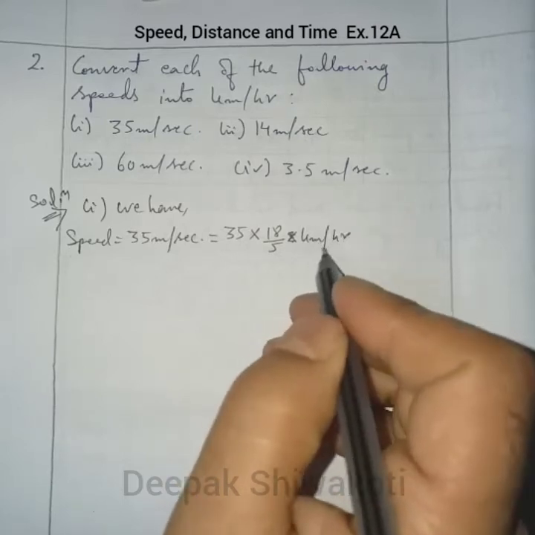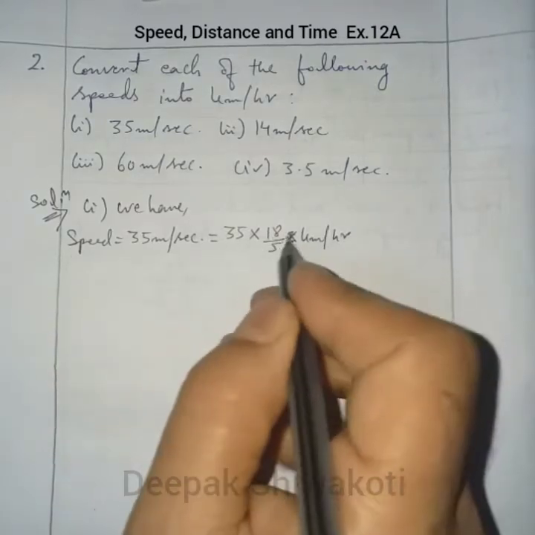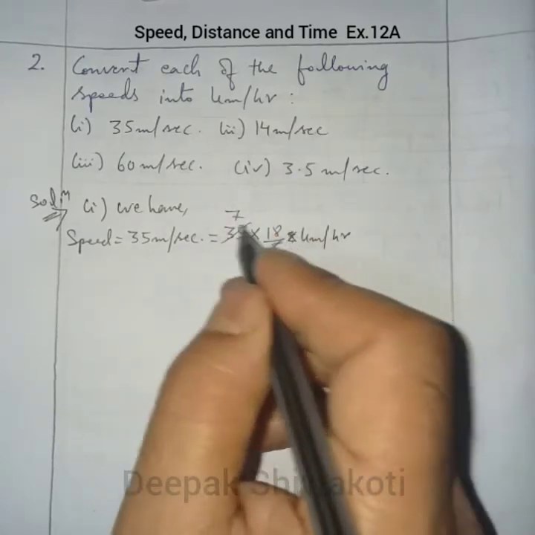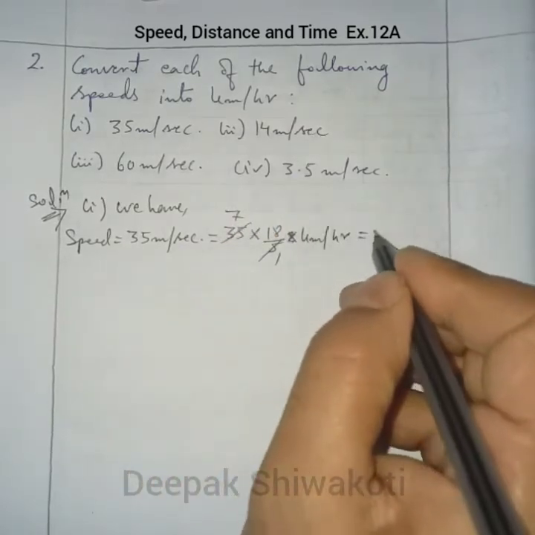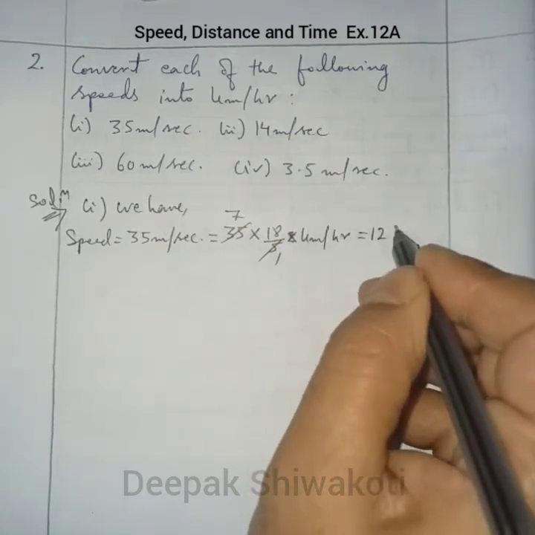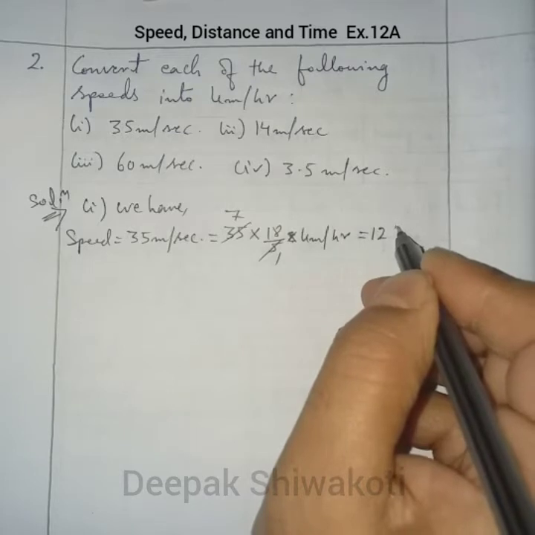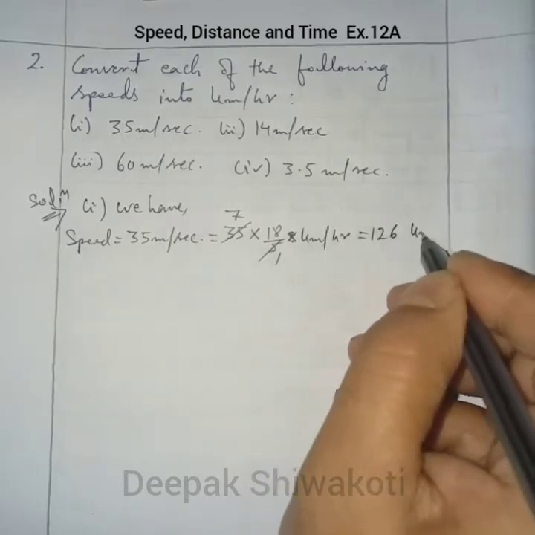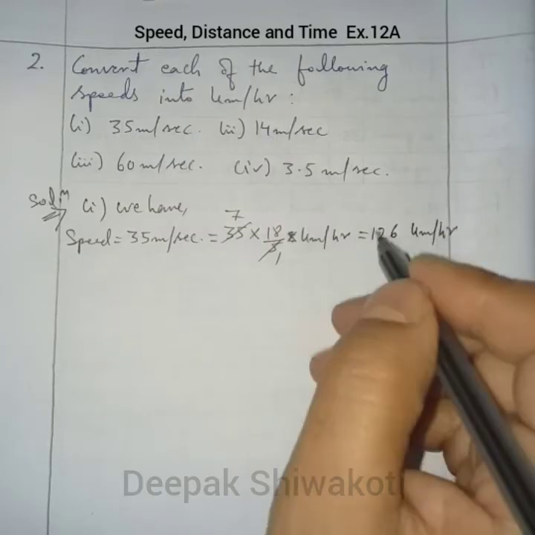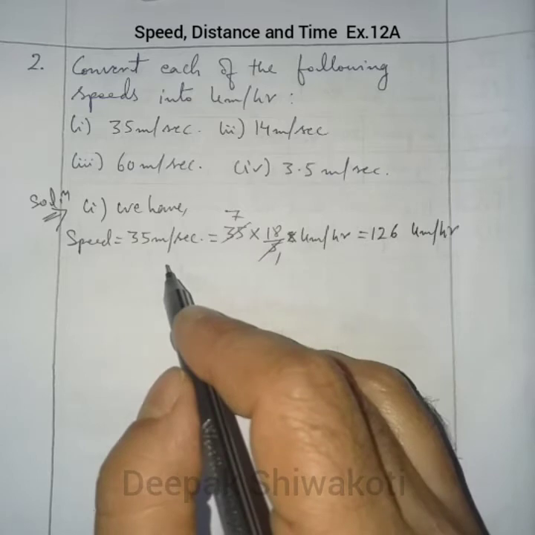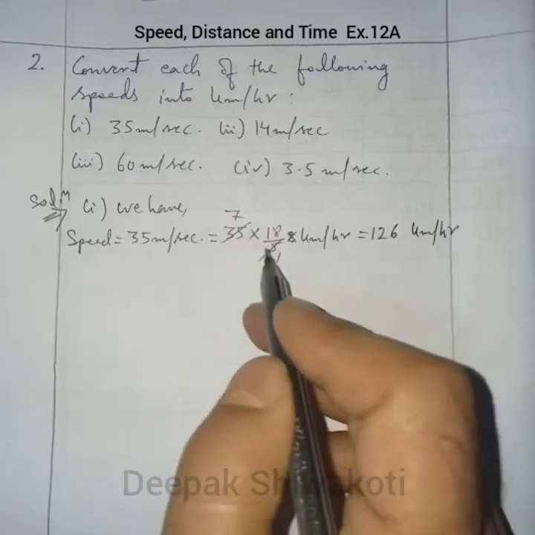Here we can cancel 5 ones are 5, sevens are 18, 7s are 126, and the unit is kilometer per hour. So this fraction 18 by 5 we need to remember while converting meter per second to kilometer per hour.